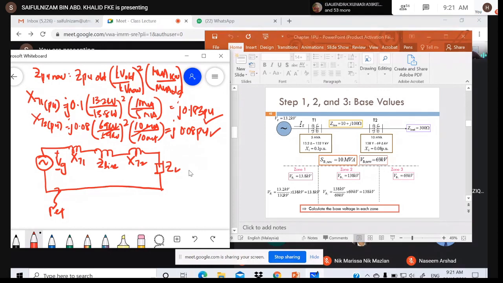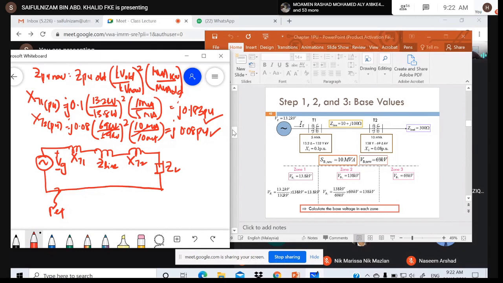We already know the per unit value of the impedance of the circuit. What else is given? The generator voltage is given, the nominal value, 13.2 kilovolt. So this is the actual value of the generator voltage, 13.2.